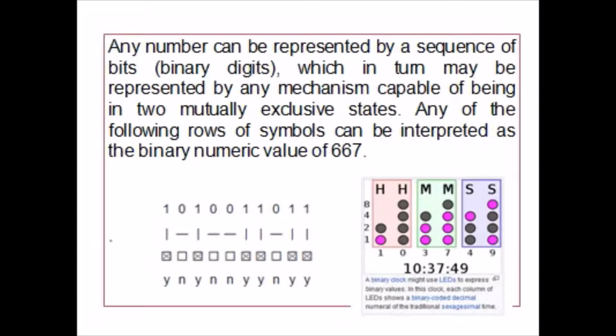A binary clock may use LEDs to express binary values. In this circuit, each column of LEDs shows a binary coded decimal numeral of the traditional time.